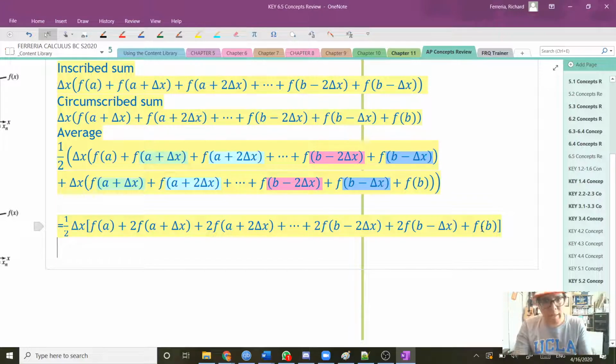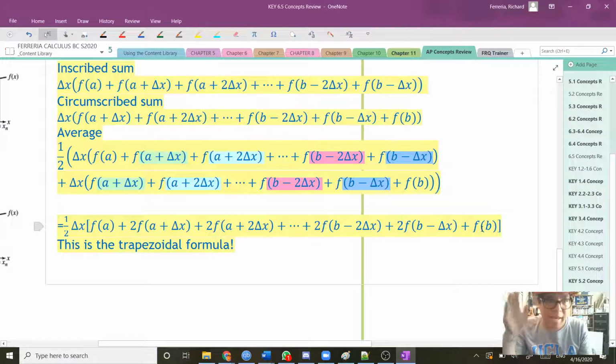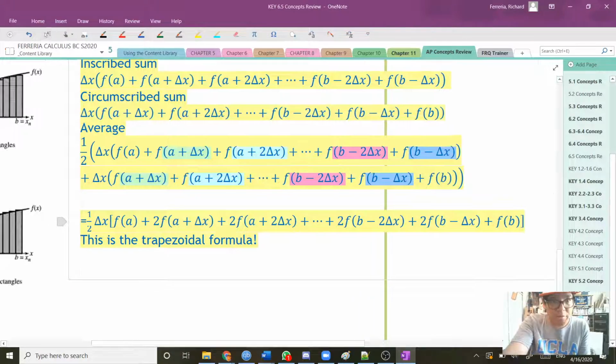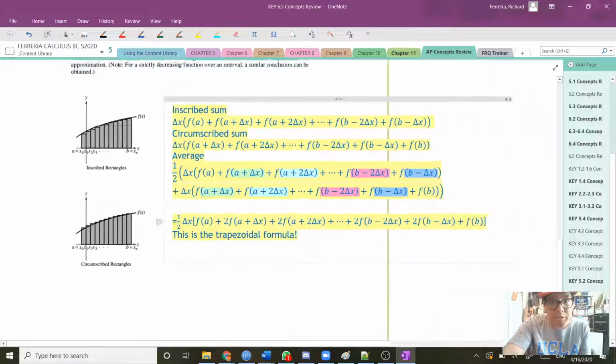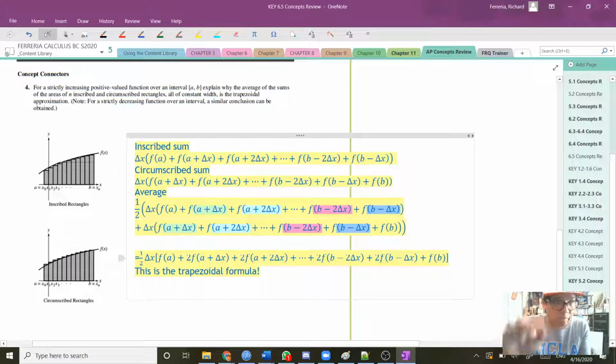And take a look at what that is. That is the trapezoidal formula. So here we have kind of proven that the trapezoidal sum is just the inscribed sum and the circumscribed sum averaged out.